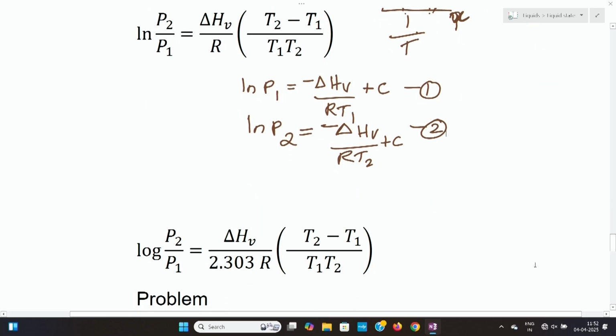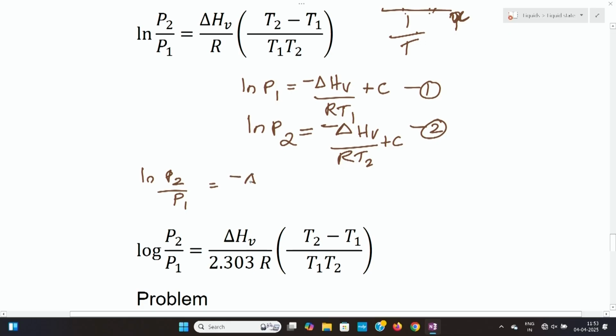Now we can subtract equation 2 from 1, that is ln P2 minus ln P1. It will come ln P2 minus P1, that is nothing but ln P2 by P1 when we apply the logarithm rule.